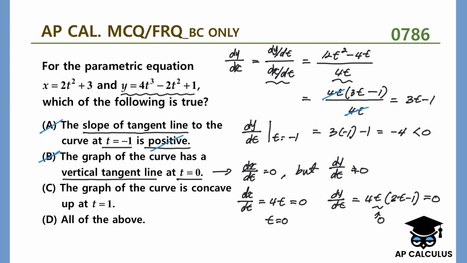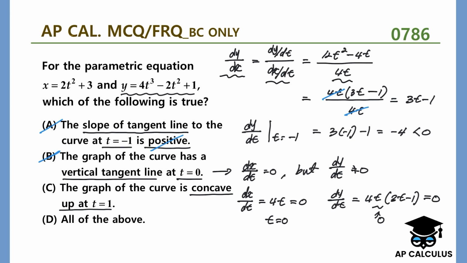Answer choice C. The graph of the curve is concave up at t is equal to 1. In order to find out the concavity of the curve, we have to find the second derivative of the equation, right? So here we have a first derivative.